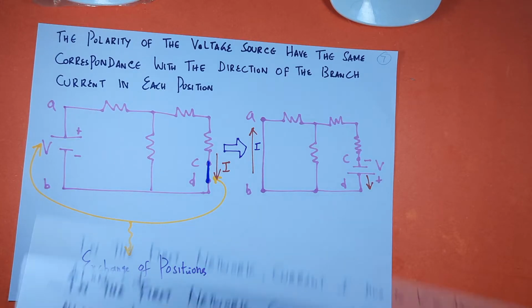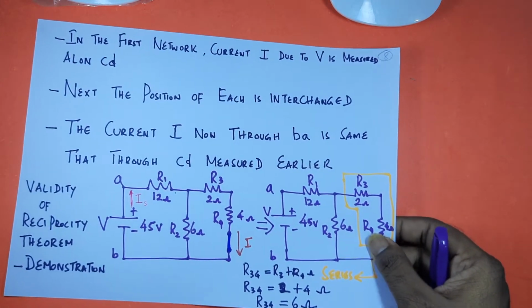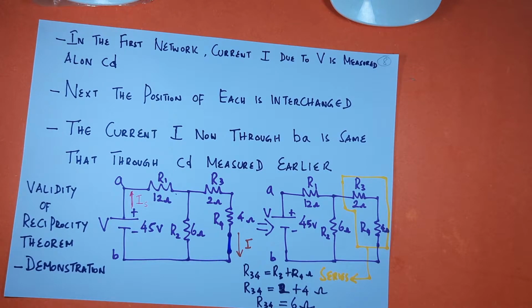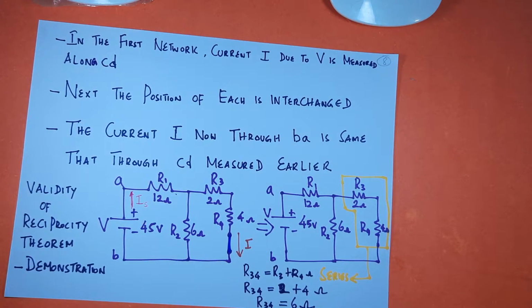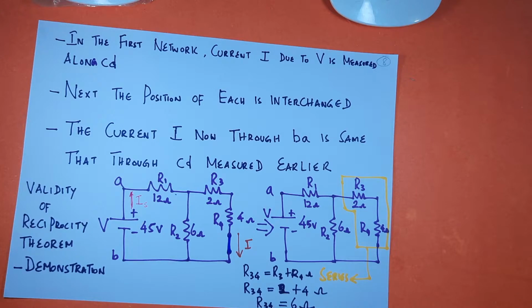So what we can comment is, I showed two networks. In the first network, current I due to V is measured along CD. Okay, so through CD, you measure the current, let it be I. Next, I have shown that portion CD and voltage source, these two positions are interchanged.